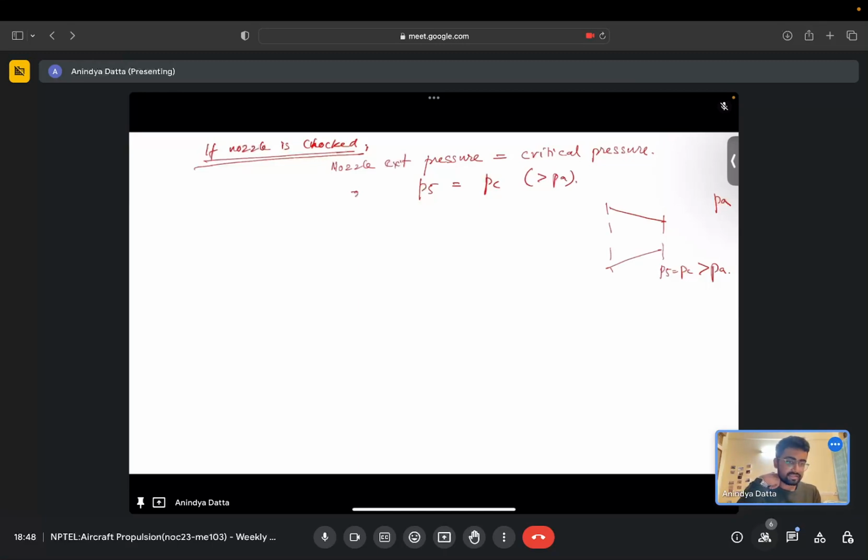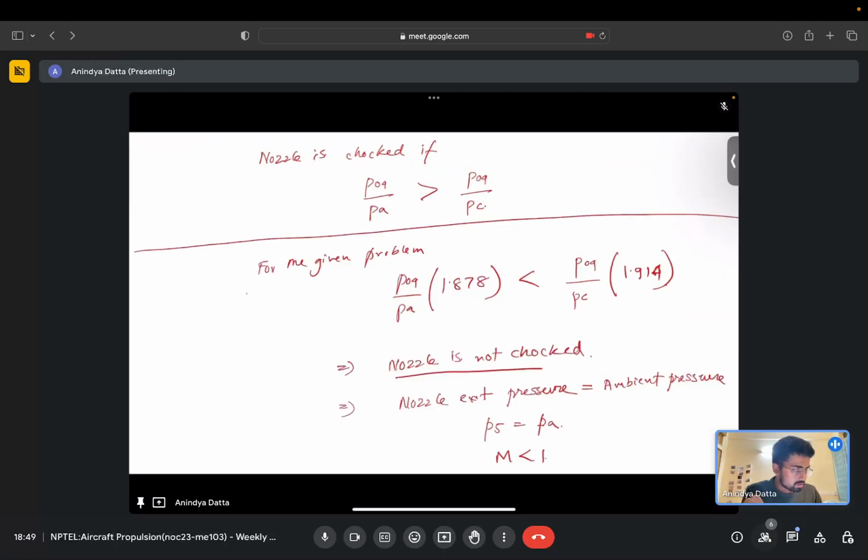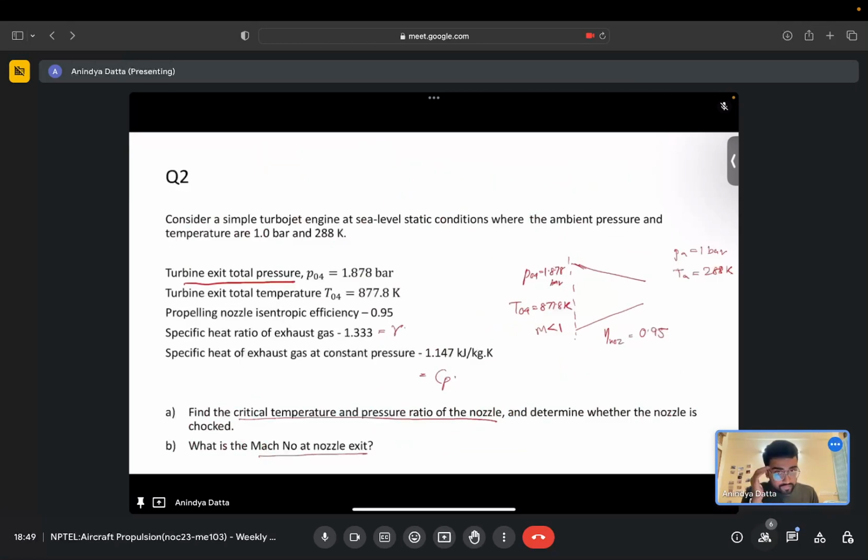So when you have nozzle choking, you have an under expanded condition. We'll see problems with nozzle choking in one of the later problems today, but for this problem the nozzle is not choked.